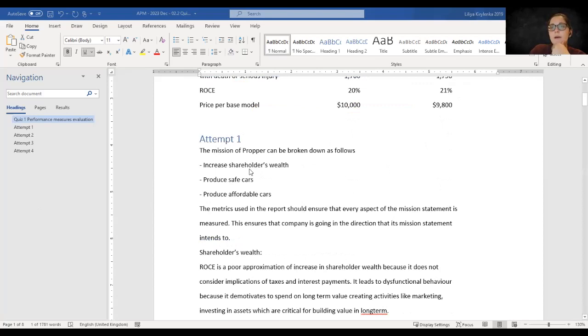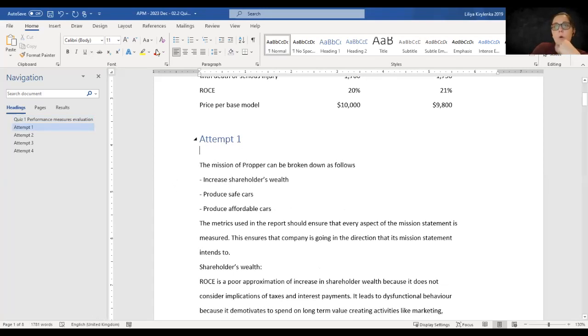Okay, this is attempt 1, and these attempts are listed in the order in which I received them by mail. The mission of POPA can be broken down as follows. First, to get a professional mark on analysis and evaluation, you need to write the following.